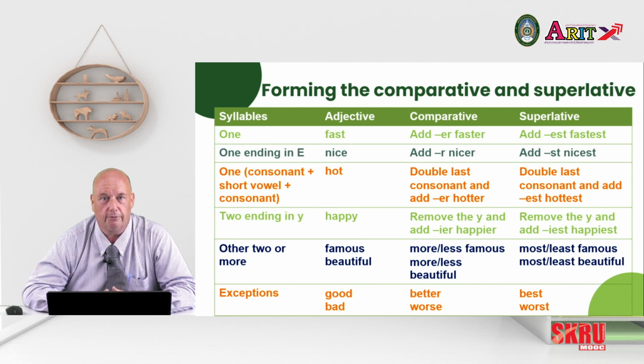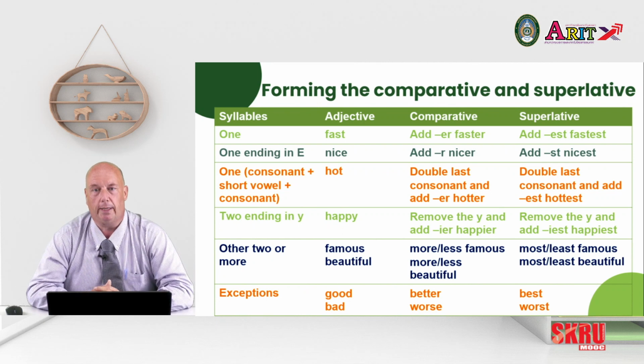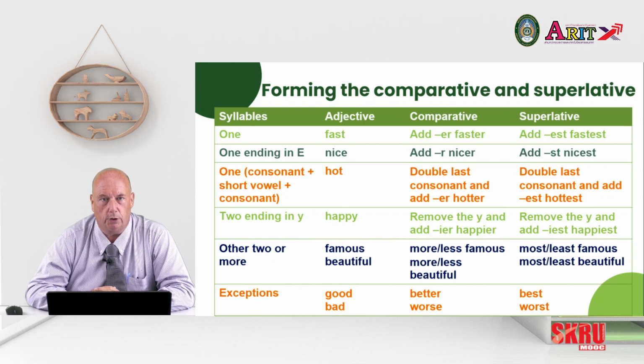The examples here, fast, nice, hot, are all one syllable adjectives. Two syllables, happy. So you've got happy, two sounds. Famous. Or more than two syllables, beautiful. Three different sounds when we speak. So by sounding out the words, you can tell how many syllables there are and then how to change to comparative.